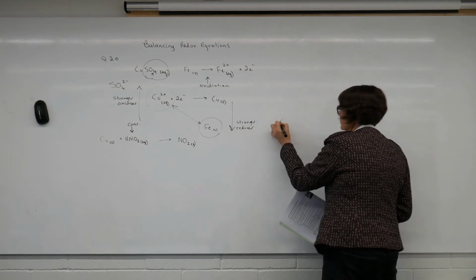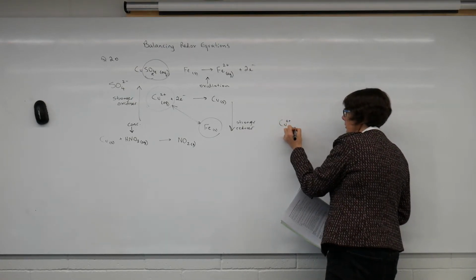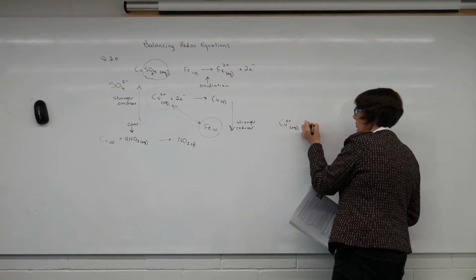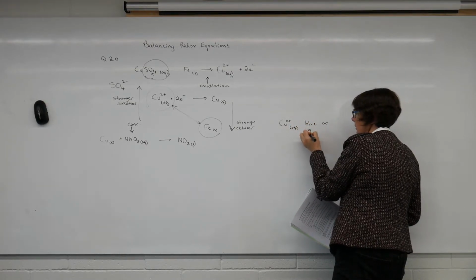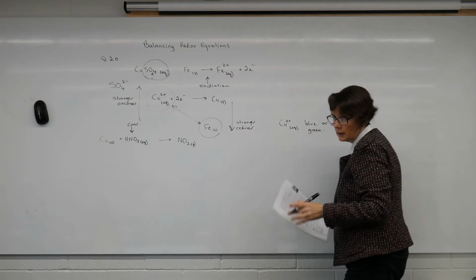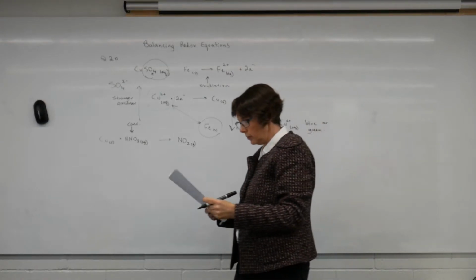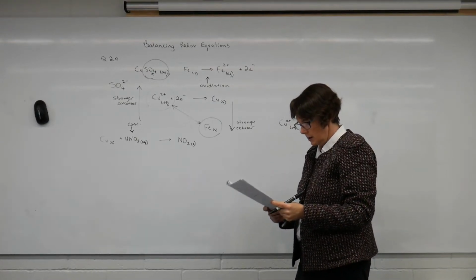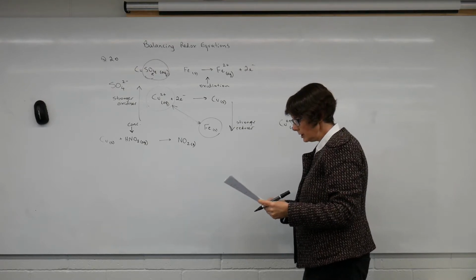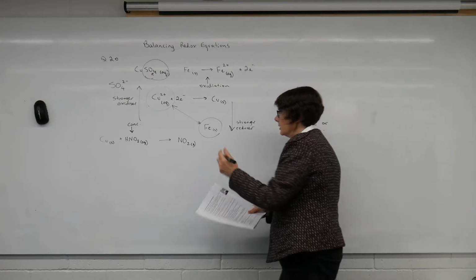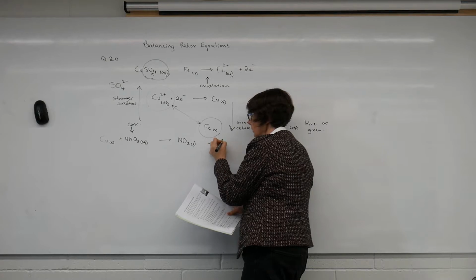Well, copper ions in solution can be blue or green, depending on what it is. So that's a clue that I formed copper ions.